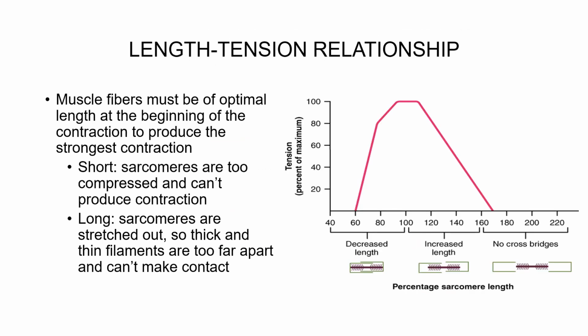And here's the chart that I mentioned on the previous slide. We've actually already talked about this length-tension relationship previously. I mentioned that in order for the muscle to maximally contract, we have to stretch it, but not stretch it too far. So there's this kind of sweet spot, this middle ground to where you're really going to get the most bang for your buck, or the maximal contraction.